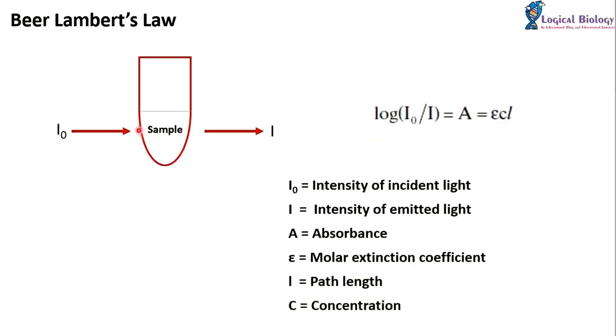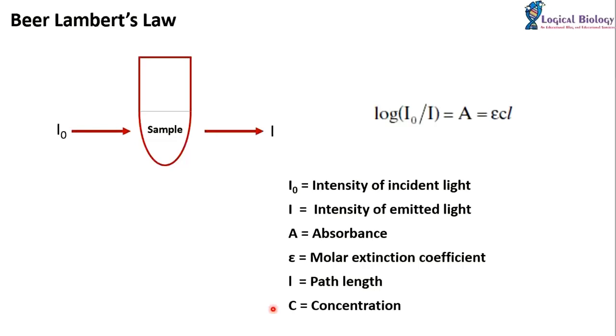So this is the length through which the light is passing, which is measured in decimeter or centimeter or different units, and the concentration is generally measured in molarity. So the Beer-Lambert law gives us the information about the amount of light, or intensity of light, absorbed by the particular sample.